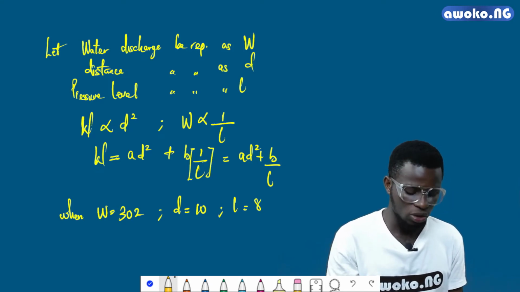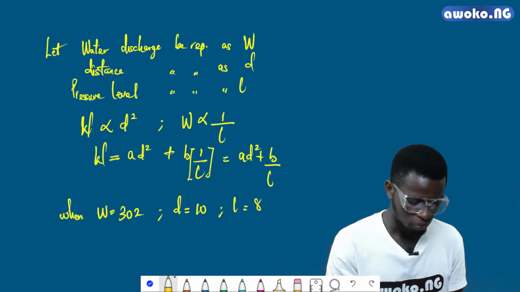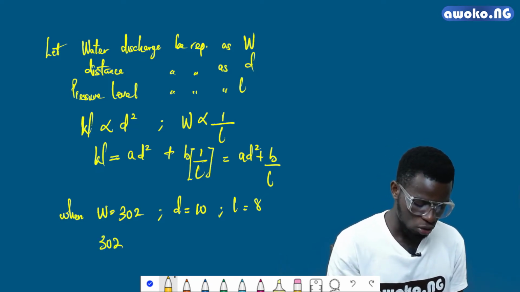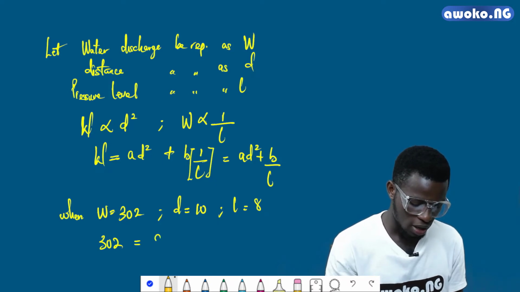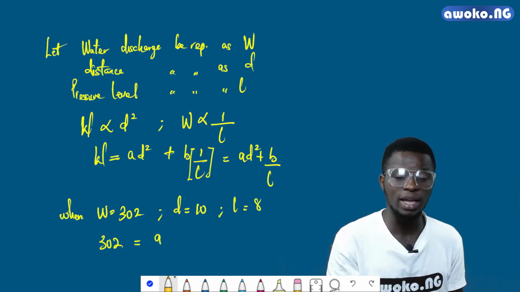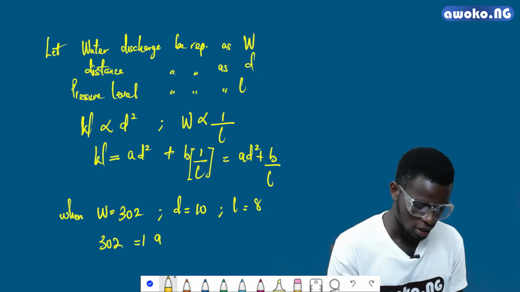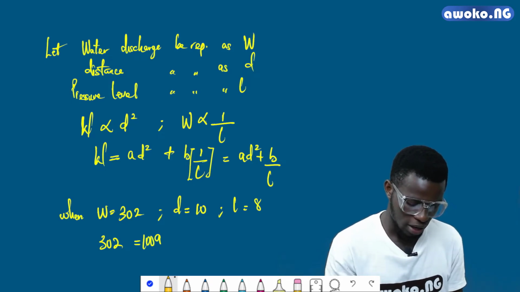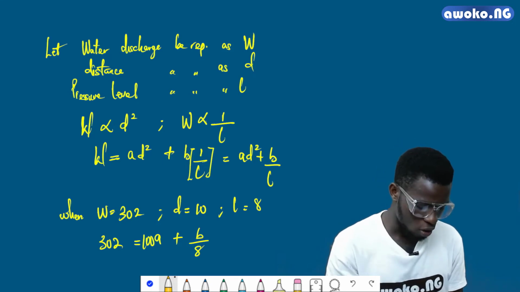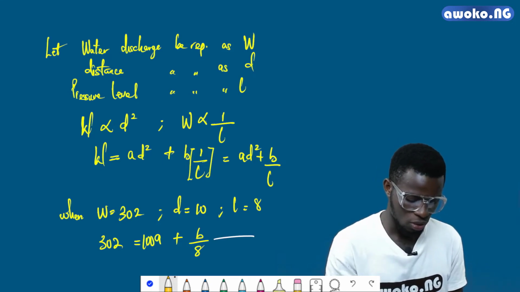So if we substitute the values into W equals AD squared plus B over L, we will have 302 is equal to AD squared. 10 times 10 is equal to 100, so we can say 100A plus B over 8. We can call this equation 1. This is the first equation.